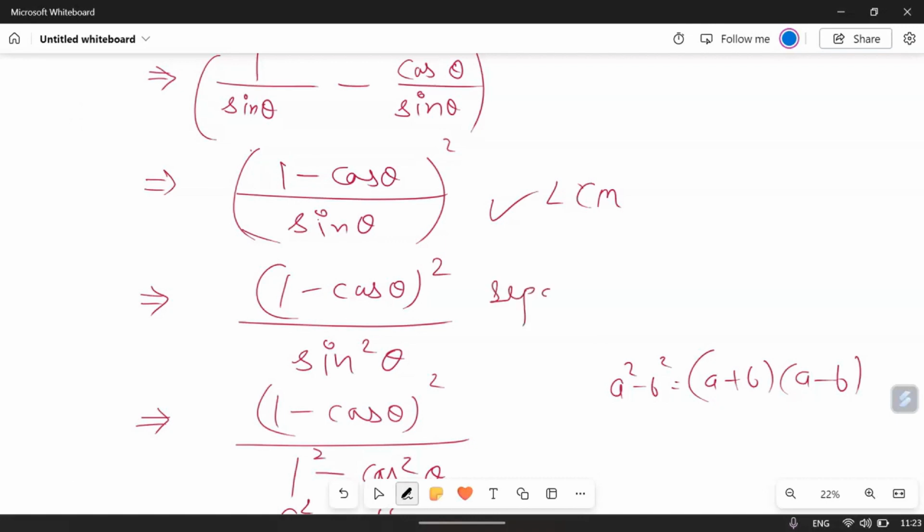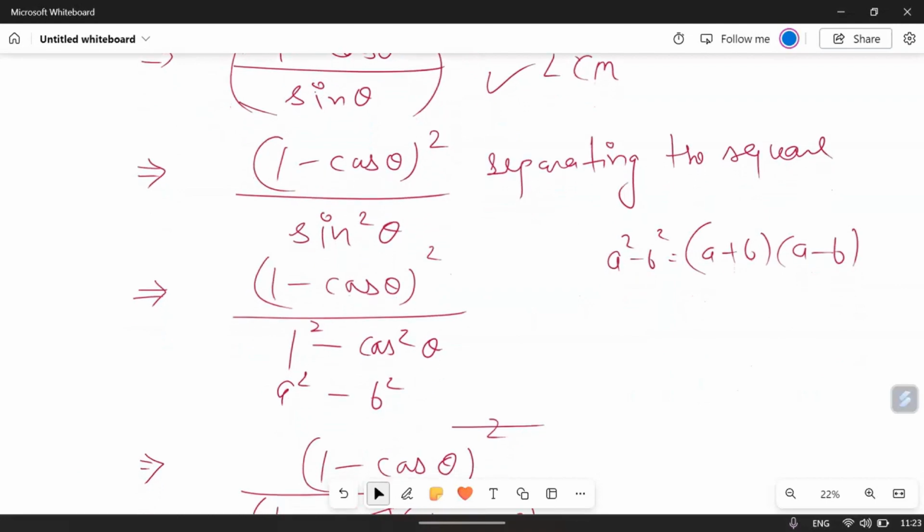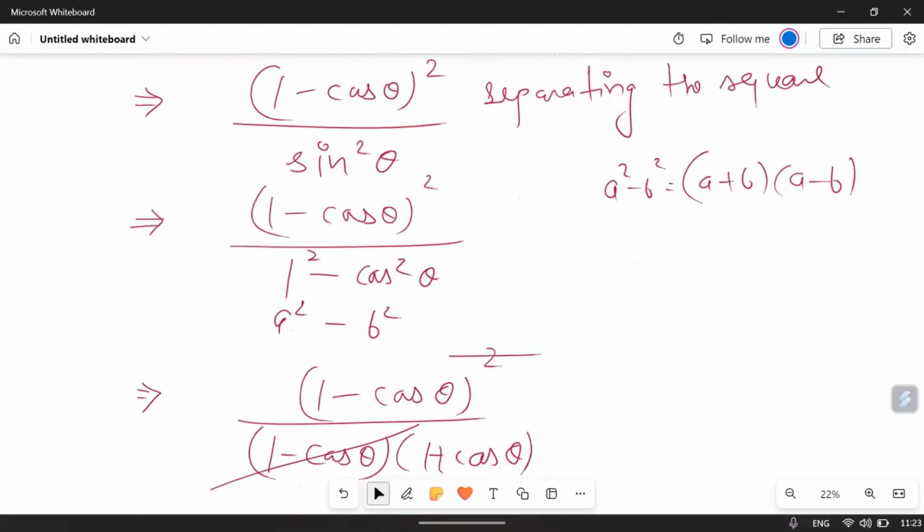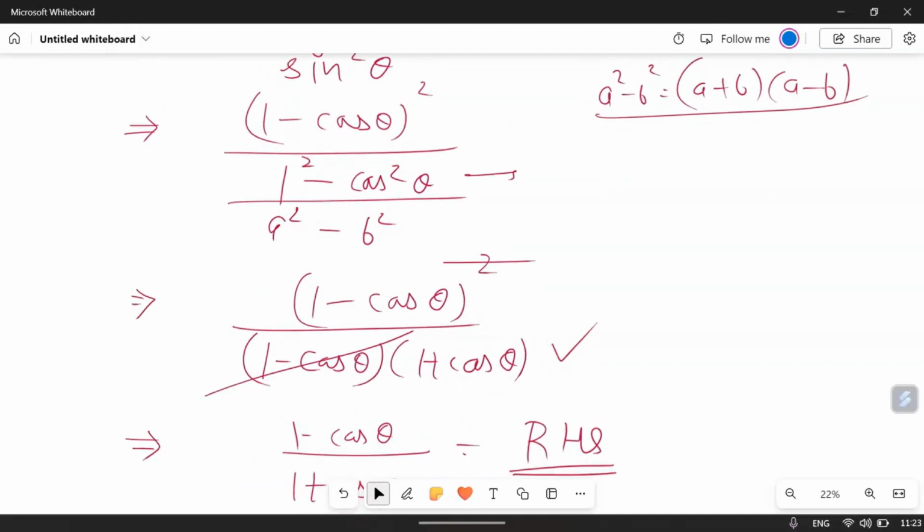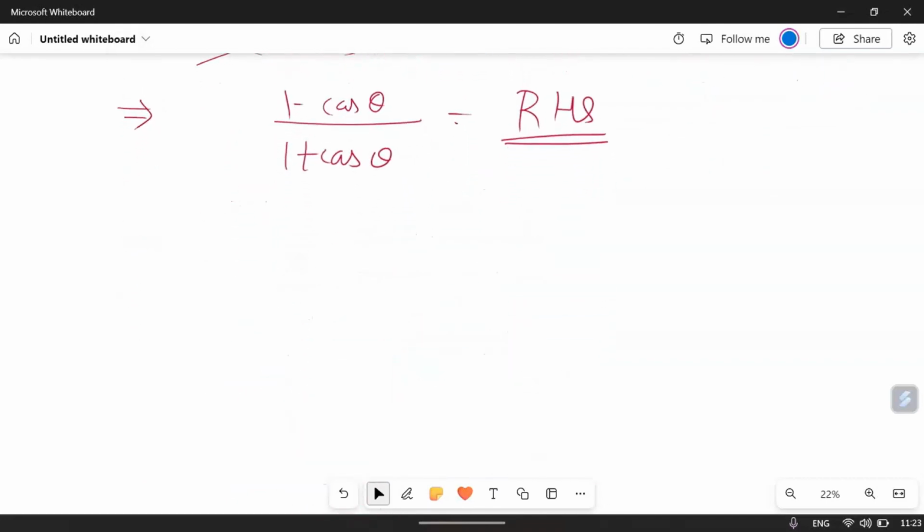This method is called separating the square. So it goes on every part. Then we have to take out 1 plus cos theta at the downward, since in the RHS it is 1 plus cos theta. So we will use this identity, and after using this identity we will get our RHS.